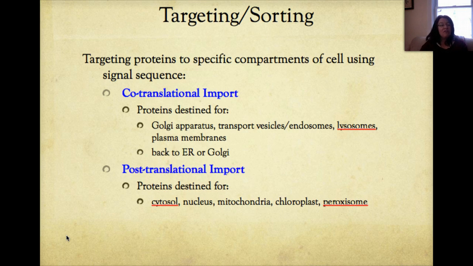So we'll start off talking about co-translational import, and then we'll talk about post-translational import, which is a process for proteins that are destined, ultimately, to end up either in the cytosol, in the nucleus, in the mitochondria or the chloroplast, or into the peroxisome.